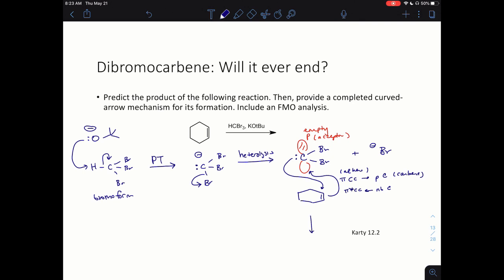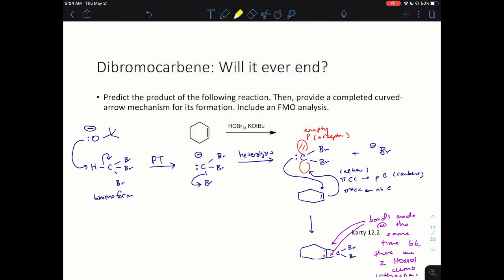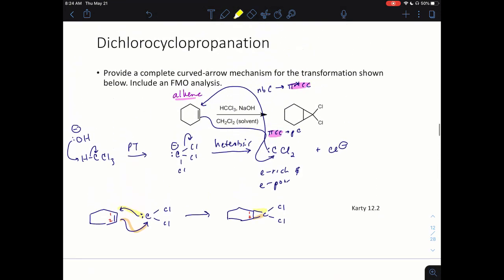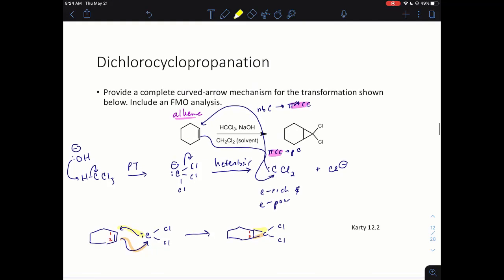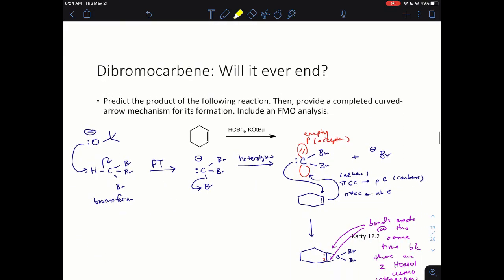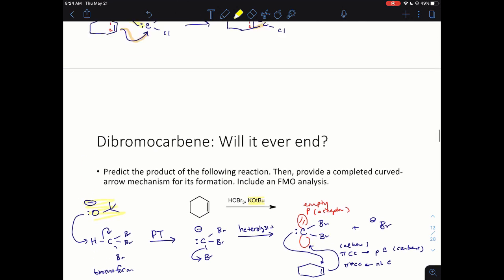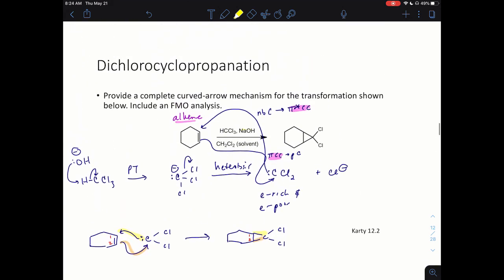That makes both bonds between the carbons of the alkene and the carbon of the dibromocarbene at the same time. So this reaction is really similar to all the other ones we've looked at, in particular to the dichlorocyclopropanation. The one difference that might pop out at you is the use of potassium t-butoxide instead of sodium hydroxide, which we use to generate dichlorocarbene.